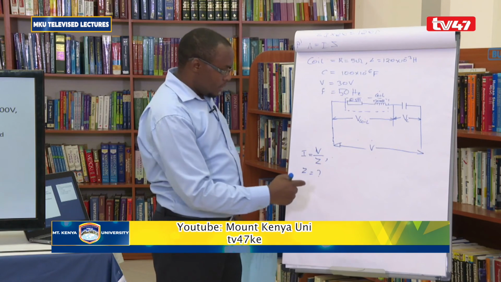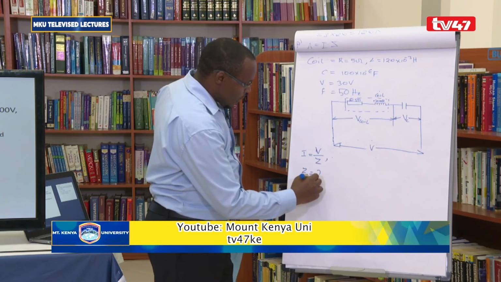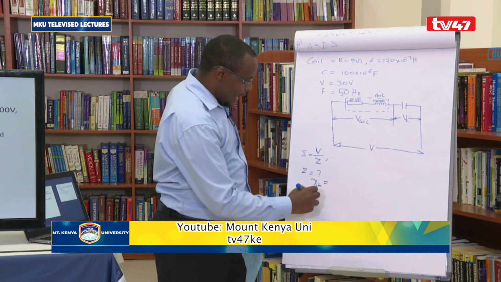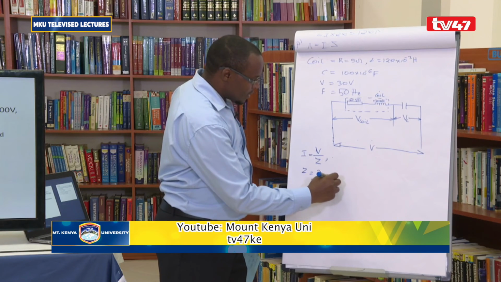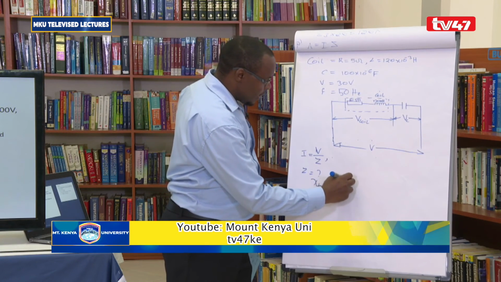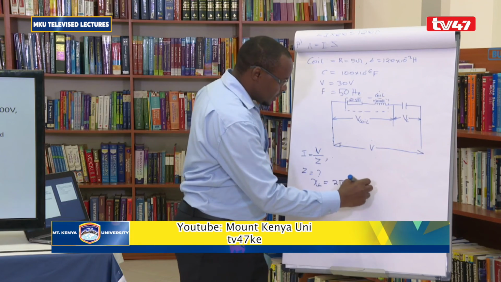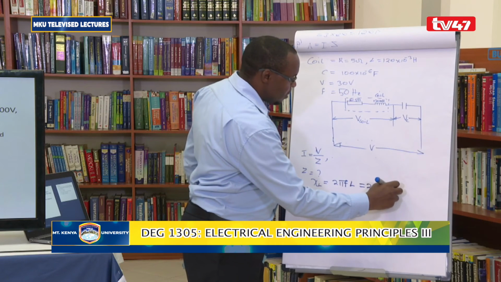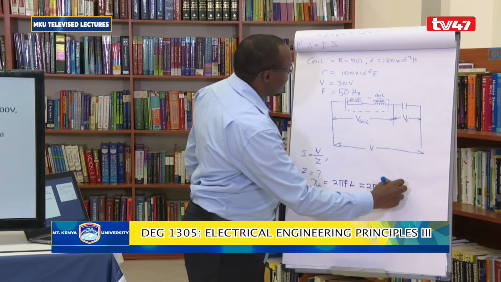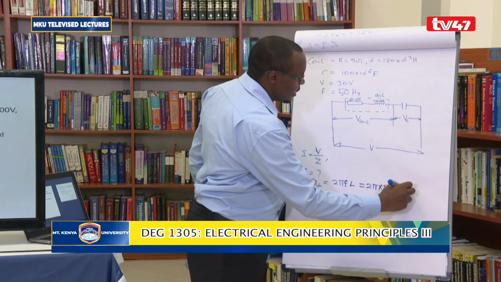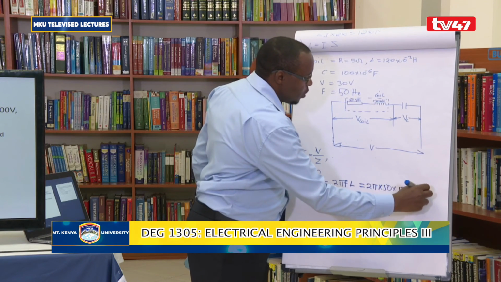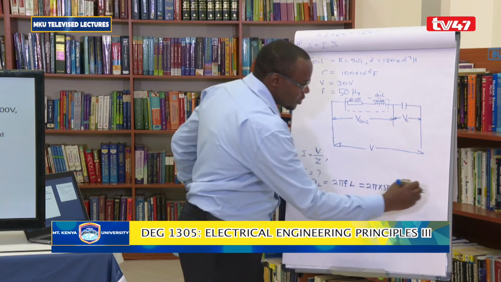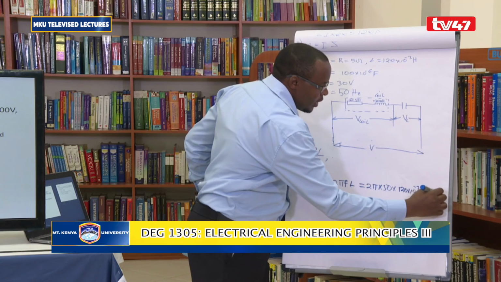So before we get this, we need to calculate the value of XL and XC, and we see which one is greater than the other. So XL is going to be given by 2 pi FL, which is 2 pi times 50 times the value of L, 120 times 10 to the power negative 3, which is going to give you 37.7 ohms.